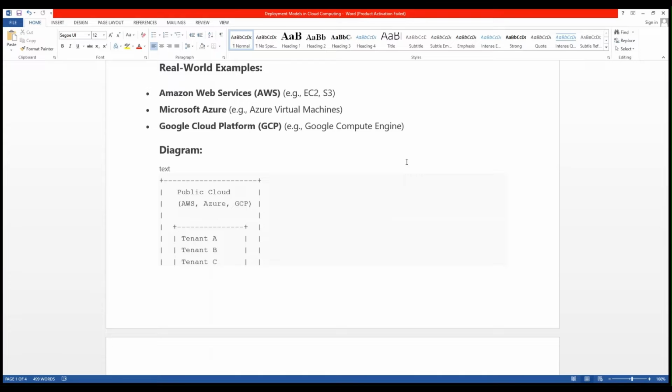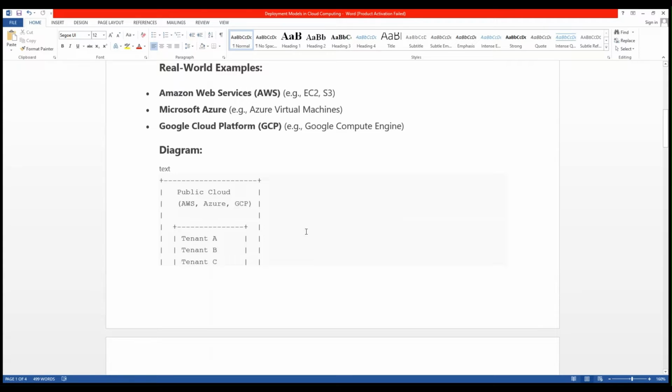For example, you can access storage services, you can access application services, and basically the concept of public cloud means that it is available to the public, so anyone can access the remote server by purchasing a subscription. Microsoft Azure and Google Cloud are all examples of public cloud, where anyone can access.